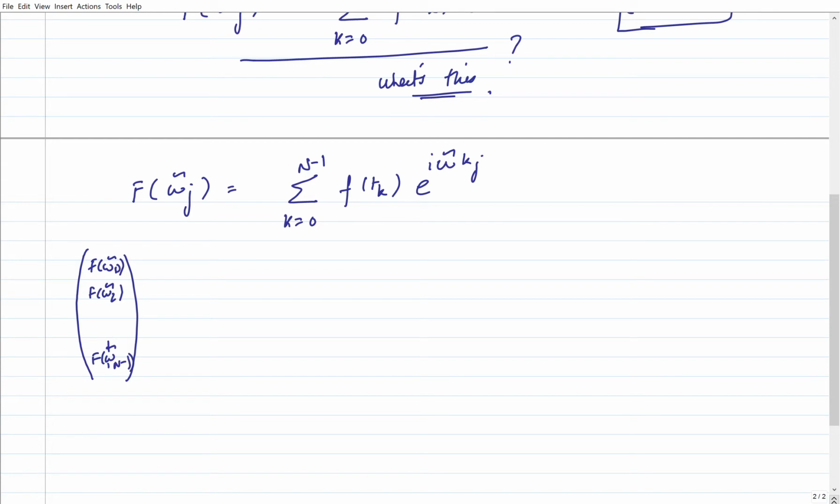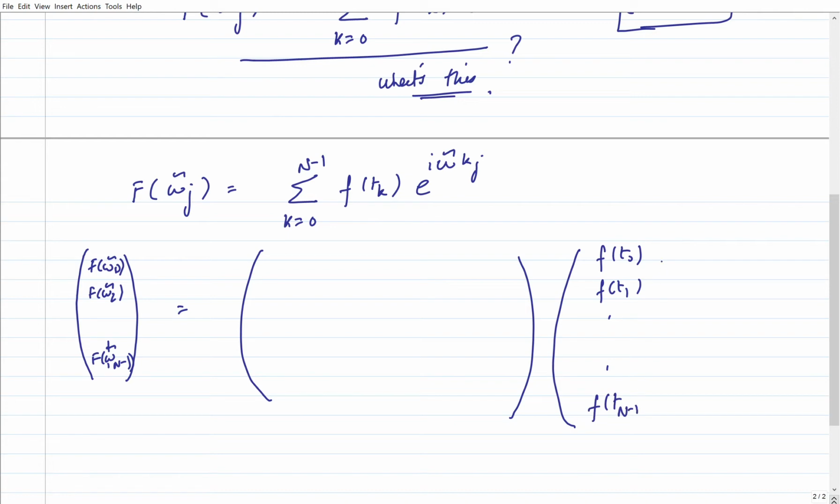Maybe I can start with a 0 over here. And I have a matrix multiplying the time part of it. And what do I have?